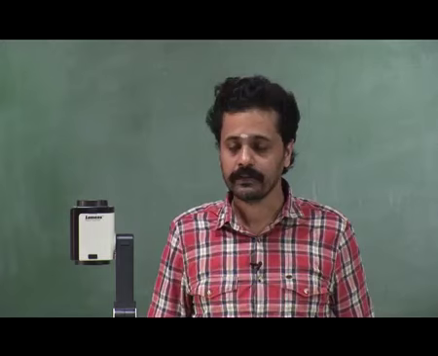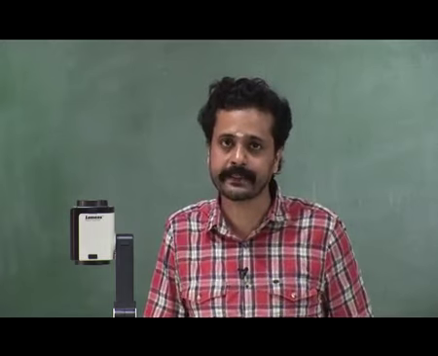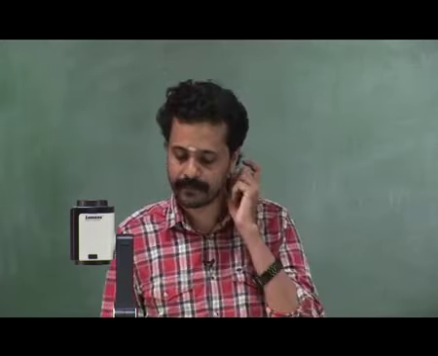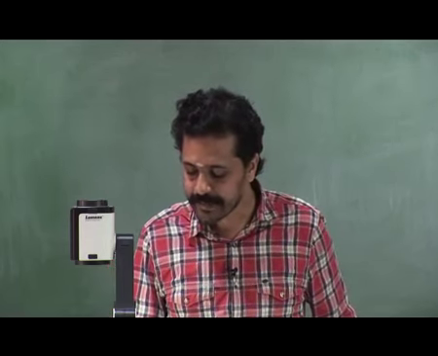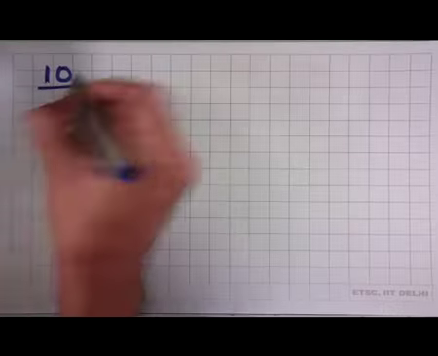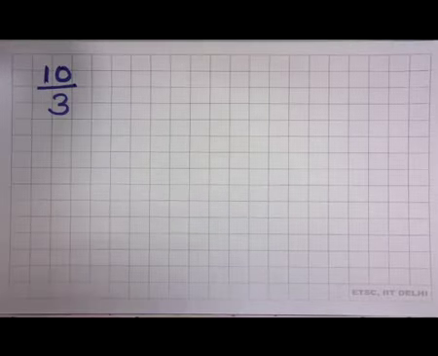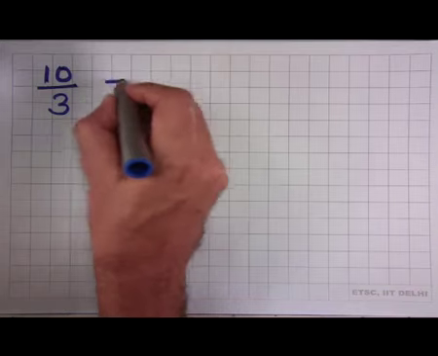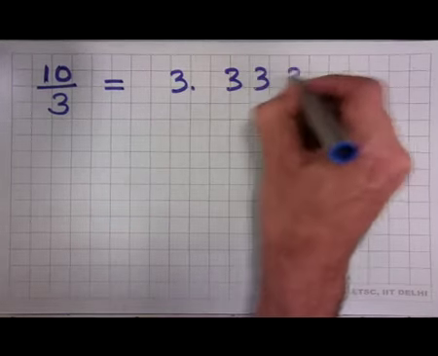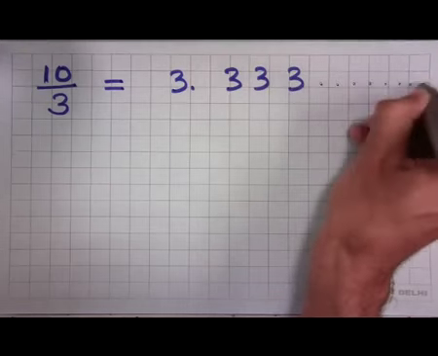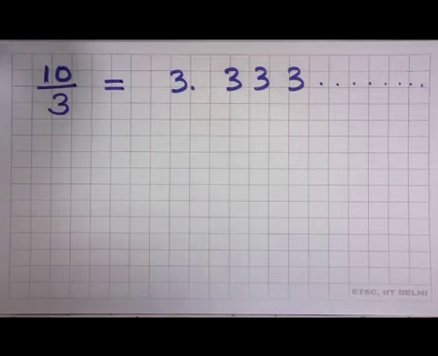Let us recall decimal expansion of a real number. For instance, when we say decimal expansion of 10 by 3 is 3.333 etc., non-terminating recurring decimal expansion, what do we mean really?